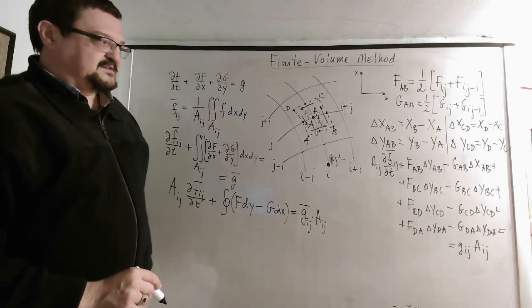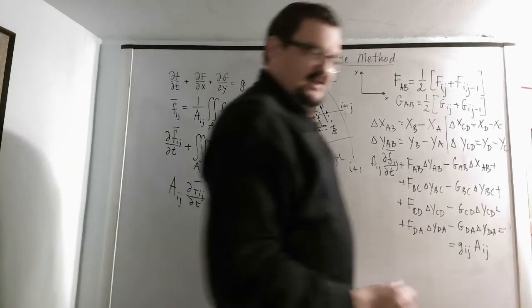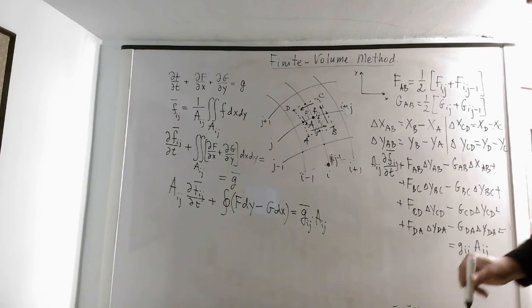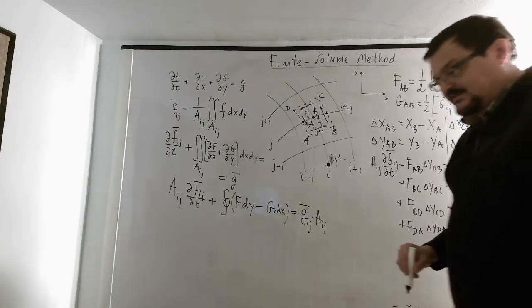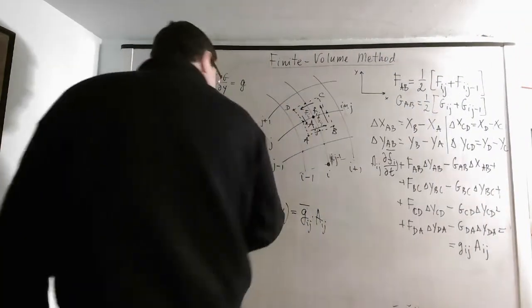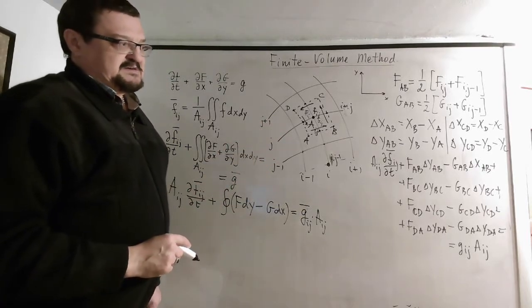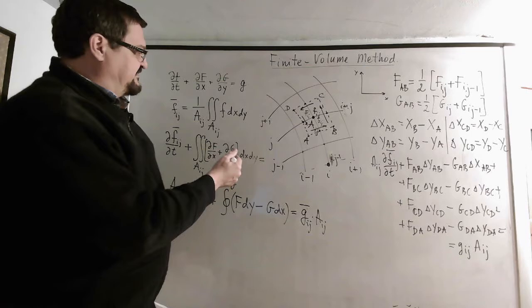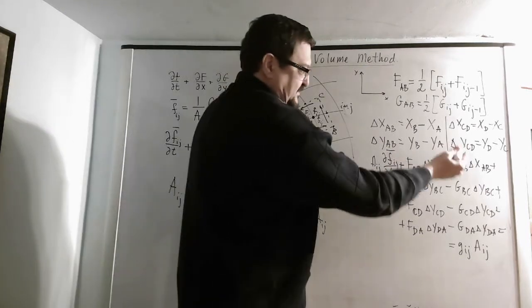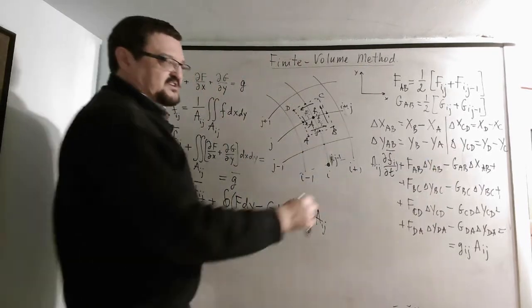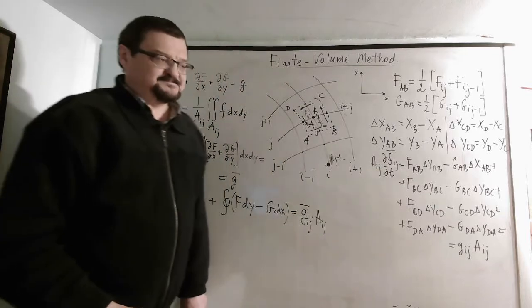So it doesn't really quite look like finite differences. We replace all these derivatives with some summation of some intervals multiplied by some fluxes.